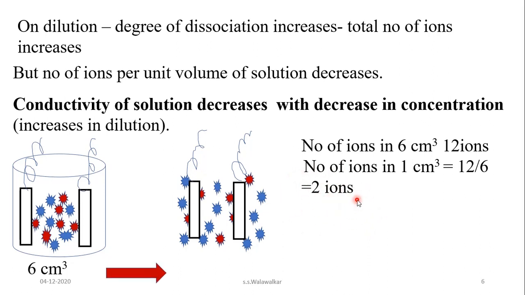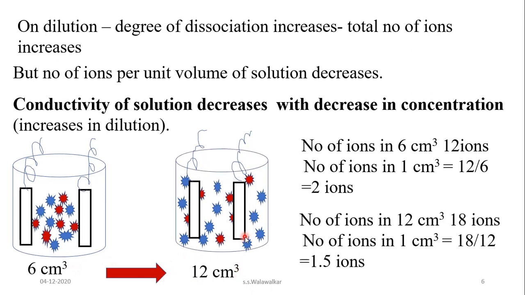Now if we dilute this solution from 6 centimeter cube to 12 centimeter cube, that is, double it, then the number of ions increases, but not in proportion to the dilution.